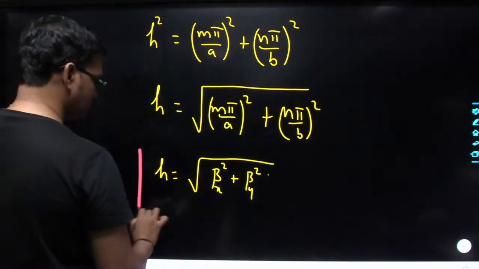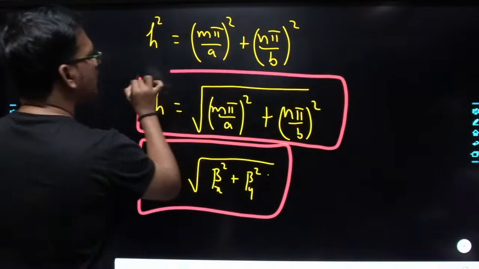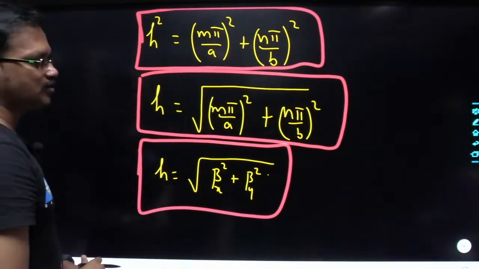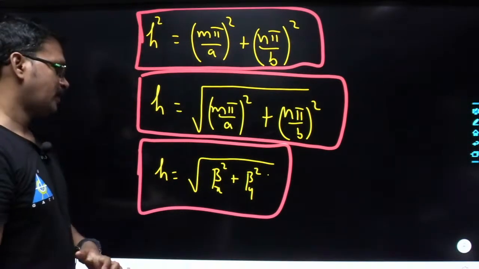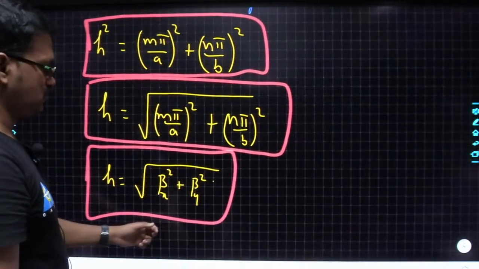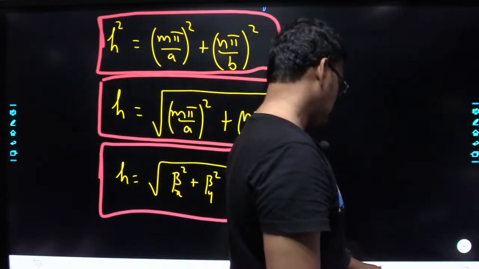So I have defined one more parameter, that is h, which is equivalent to square root of m pi by a whole square plus n pi by b whole square, that is beta x square plus beta y square, right? Okay. So now see here.